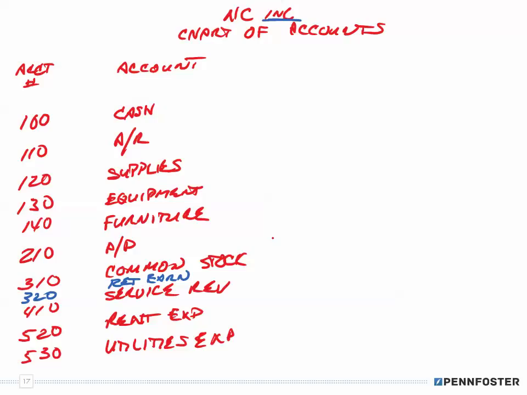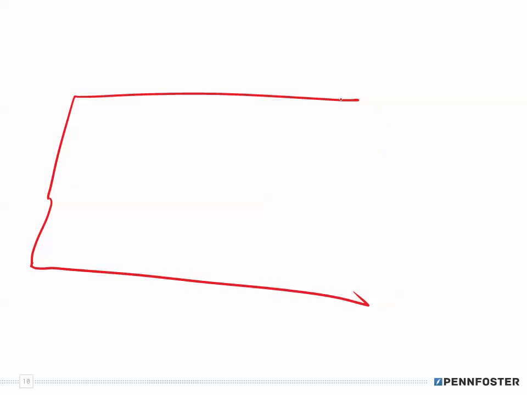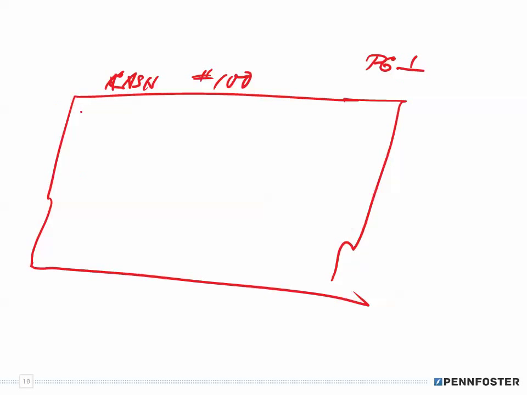Now, the problem itself is saying set up the accounts. And if I had a ledger sheet, and I'm going to end up erasing this, but I'm just going to quickly draw it in. This would be an account, and I would label the account, whatever account it is, cash, and whatever the number is, in this case 100, and even maybe have a page number on here, 1.